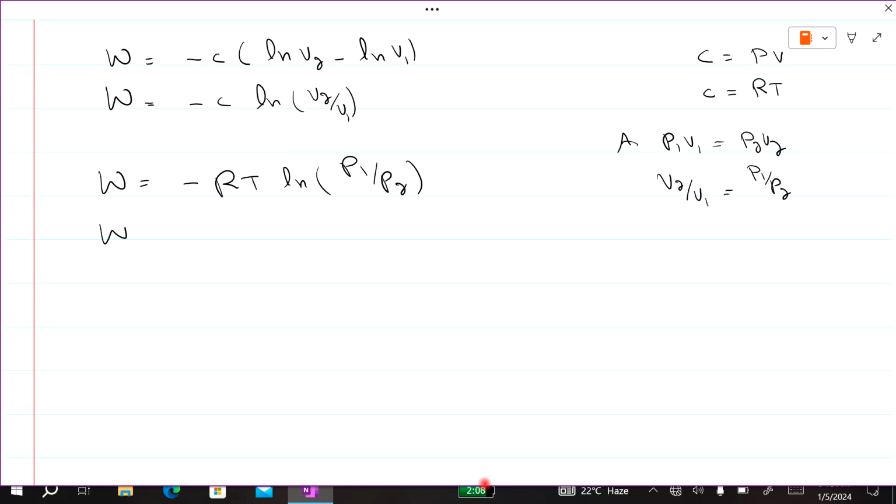So W is equal to minus R T natural log of P1 over P2. The value of R, the ideal gas constant for air, is 0.287 kilojoule per kilogram per Kelvin. Temperature is 303 Kelvin.